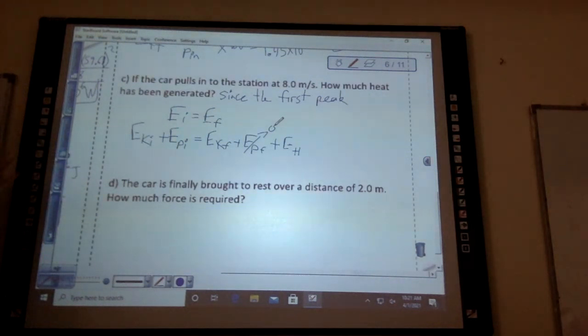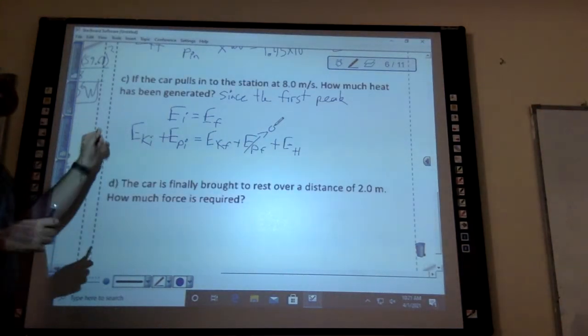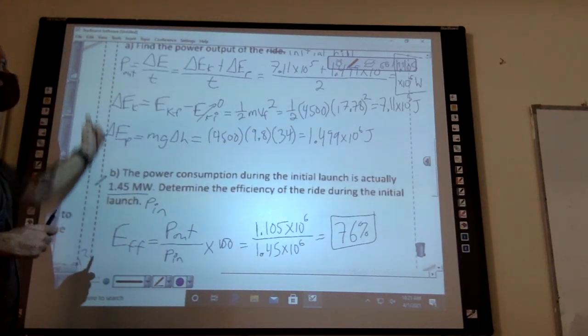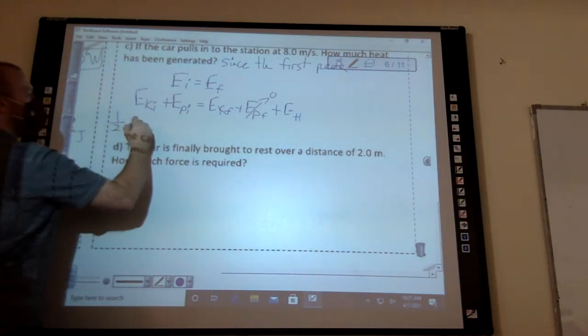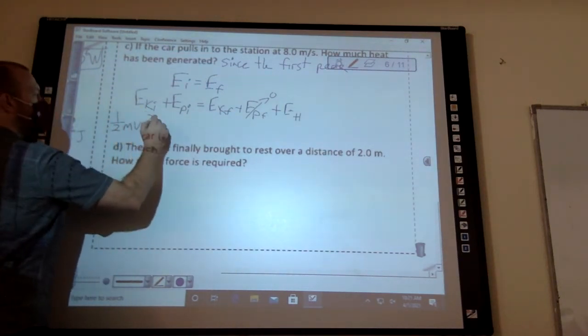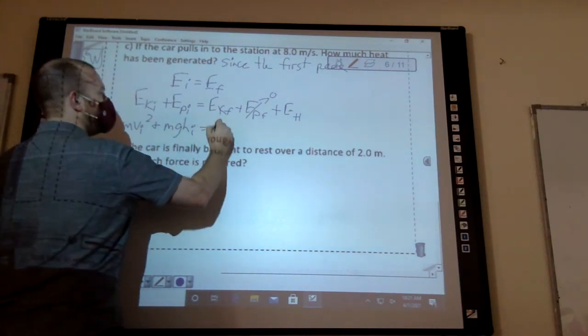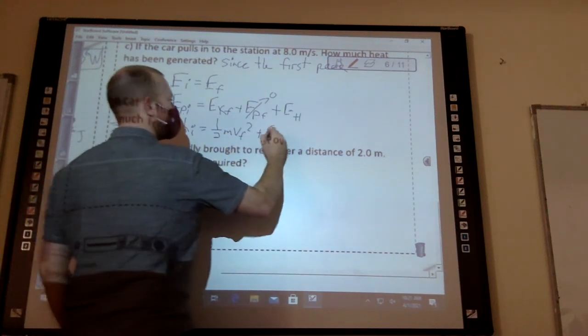So what's the easiest way to do this? We've calculated for lots of these already. We already calculated the change in, but that was at the very beginning. Okay, so let's just do this. We've got a half mvi squared plus mghi equals a half mvf squared plus EH.